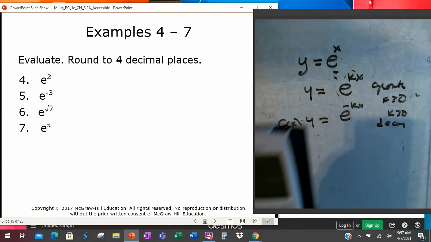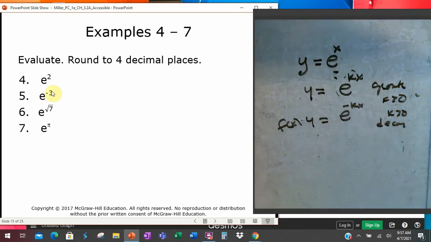All of that I do on calculators. Notice that I can even have negatives. Here's the decay, getting smaller and smaller for e to the negative 3, e to the negative 4. The square root of 7, it is okay, irrational. We can do decimal numbers in the exponent. We just have to do it by calculator.